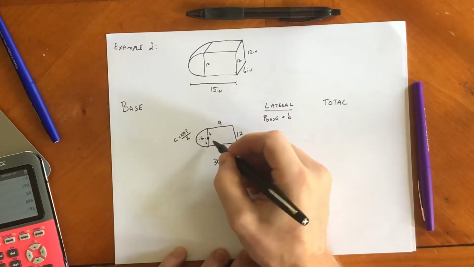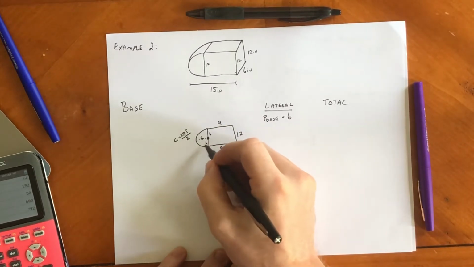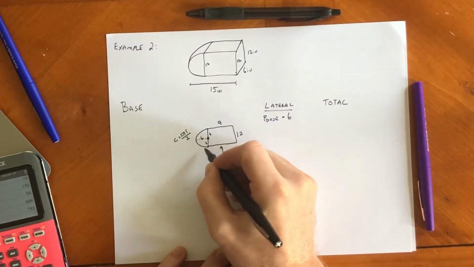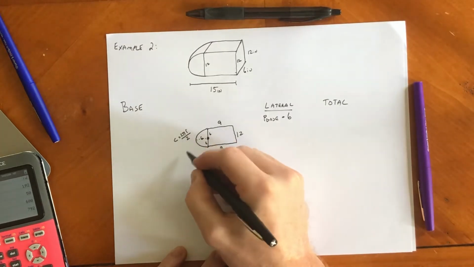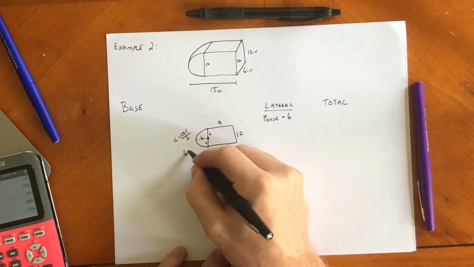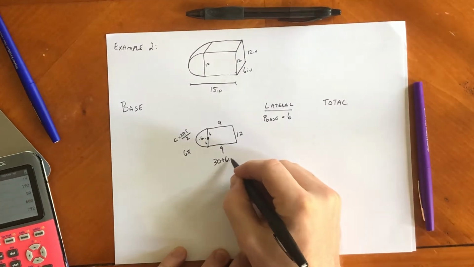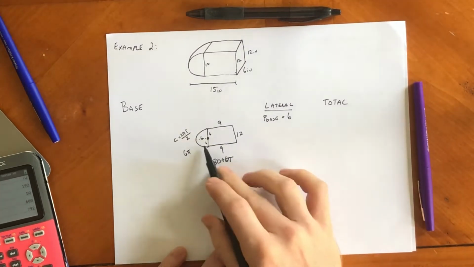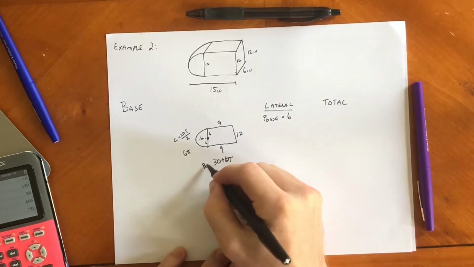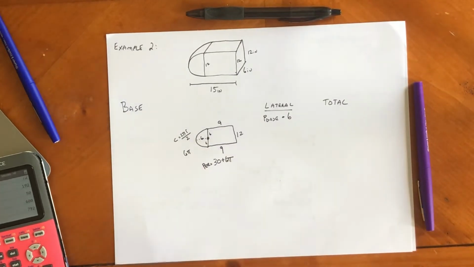So it's going to be pi times r. So the half circumference of the circle is going to be 6 pi, because the whole circumference is going to be 12 pi. So that means that the perimeter of the base is equal to 30 plus 6 pi, right?